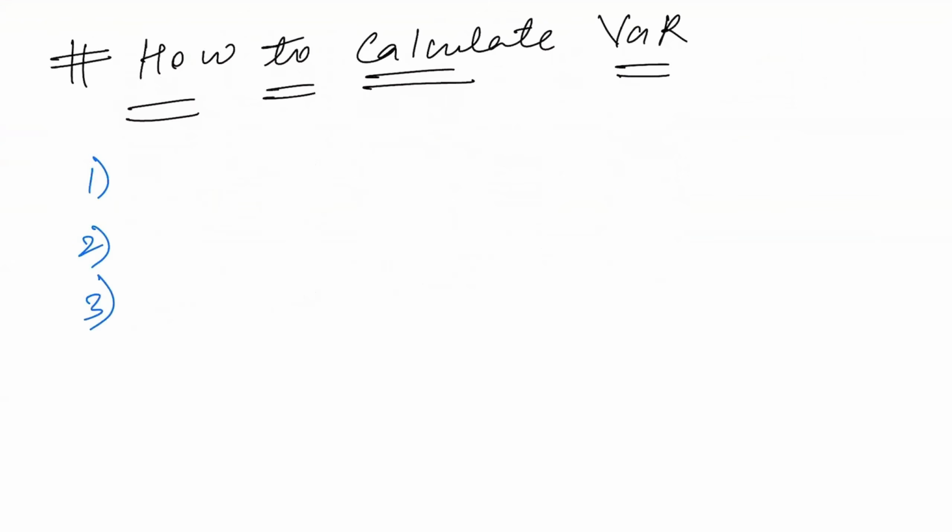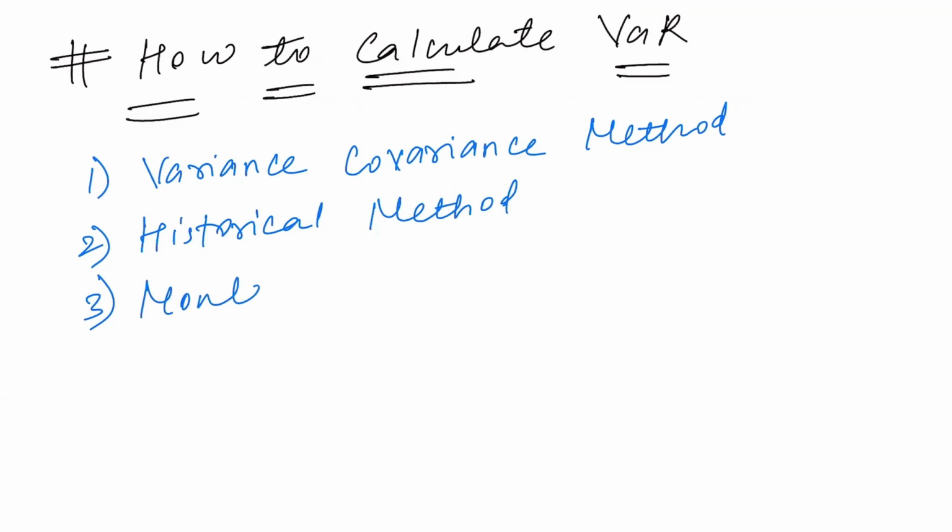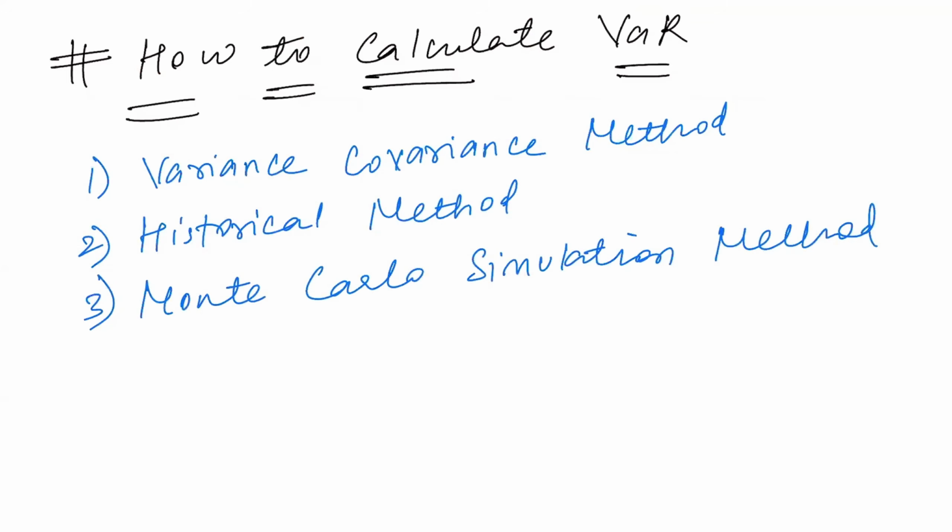There are three ways to calculate value at risk: the variance covariance method, the historical method, and the Monte Carlo simulation method. We'll be diving deep into each method and building it out in Excel.